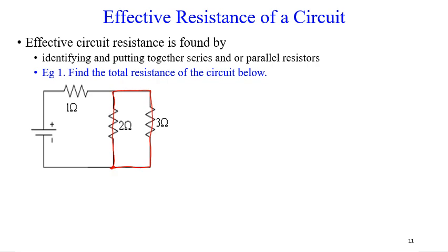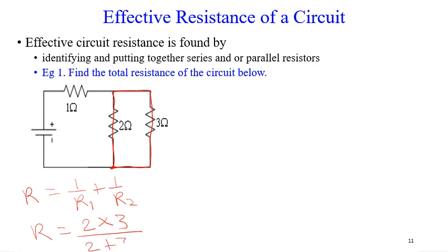So what do we do next? From the formulas we use, we said resistors in parallel is equal to 1 over R1 plus 1 over R2, and we further simplify this. So first of all, resolve these resistors: R is equal to R1, which is 2, times the 3, all over 2 plus 3.